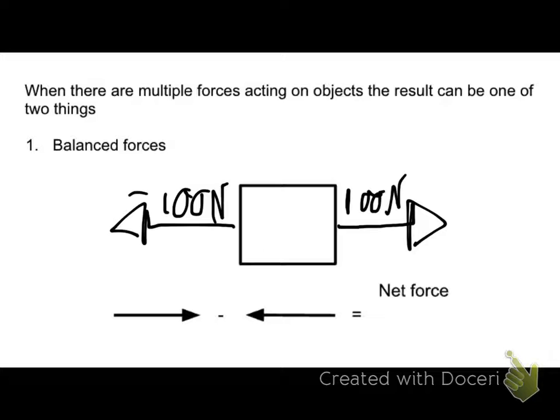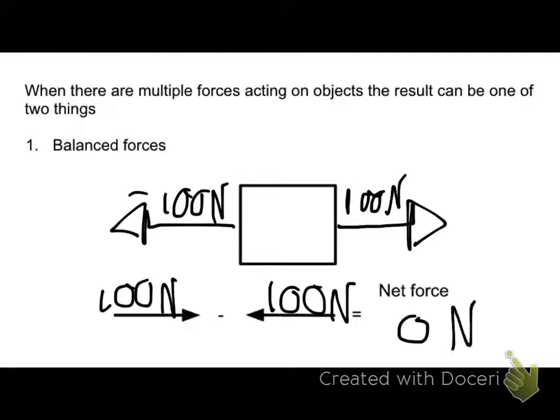Then we wind up having equal forces in opposite directions makes the forces balanced, which equals a net force of 0. Okay? When objects are experiencing a net force of 0, they are not in motion. Okay, so this box would not be moving because the 2 people pulling on it are pulling with the same strength in opposite directions, so the forces on the box balance and it doesn't move. It has a net force of 0.